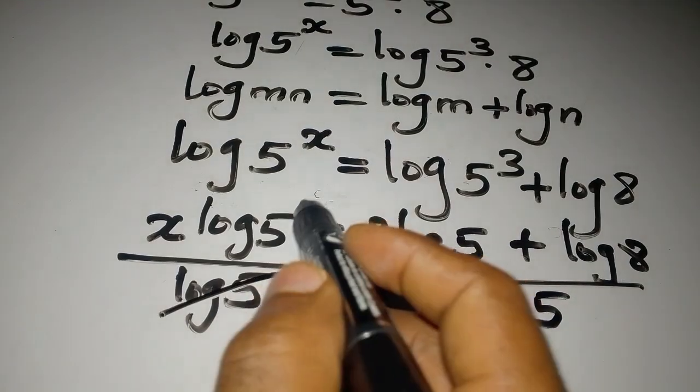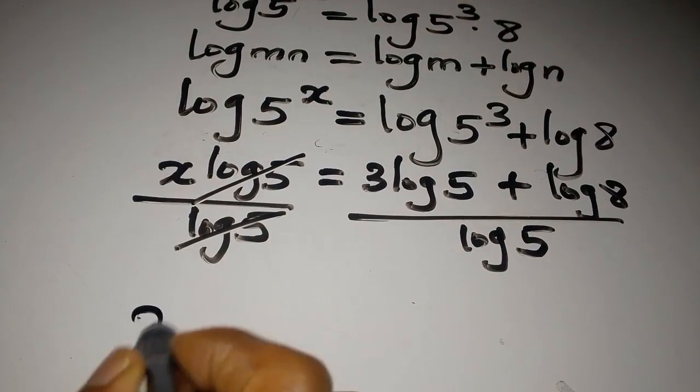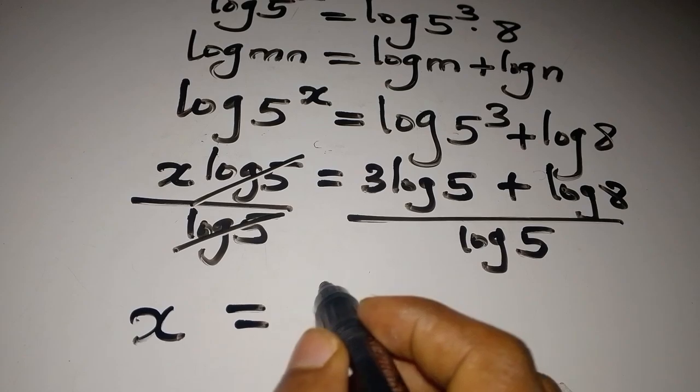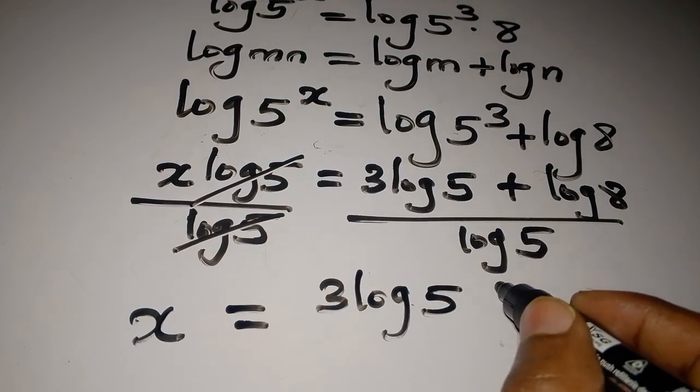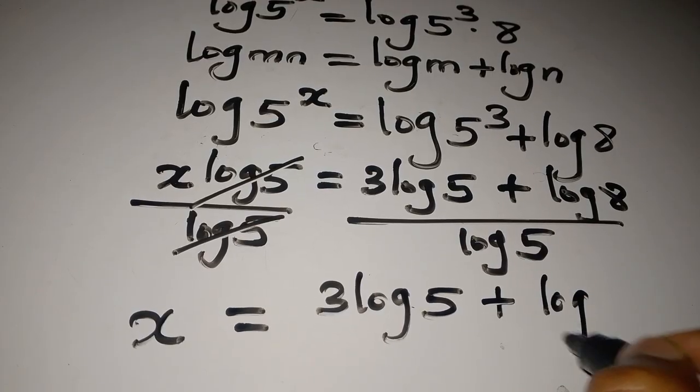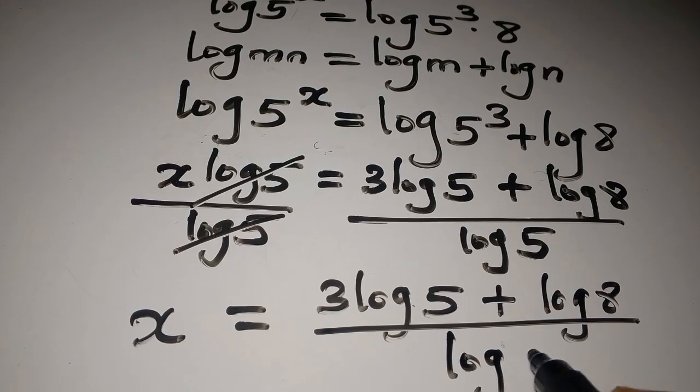So this will take this out. So we have x to be equal to 3 log 5 plus log 8 divided by log 5.